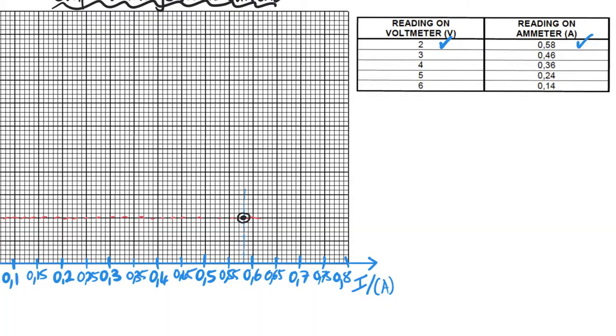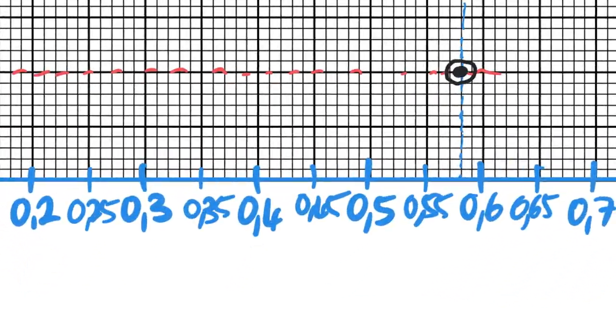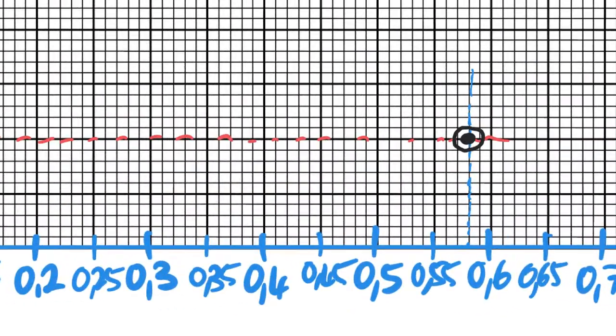The next point is going to be 0.46 and 3. So we go to the x-axis, the current axis, and 0.46 will be there. You can see this is 0.45, that's 0.46, 0.47, 0.48, 0.49, 0.5.